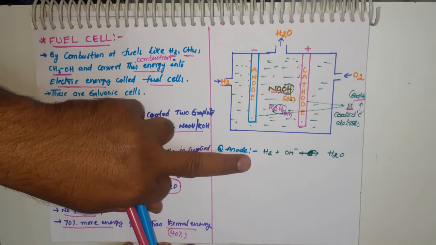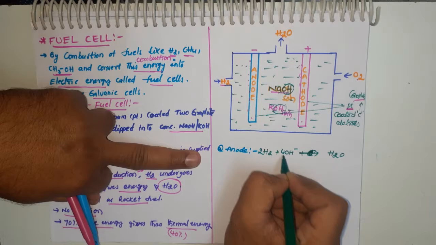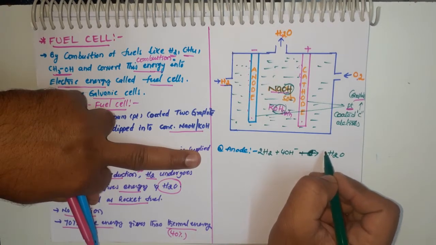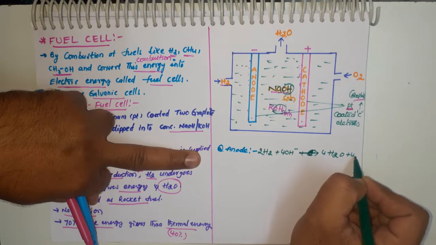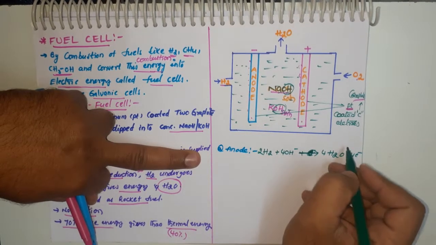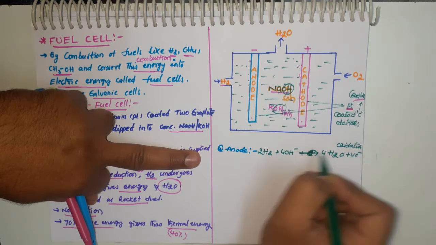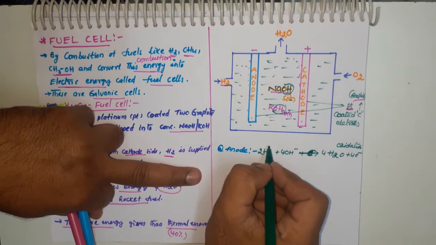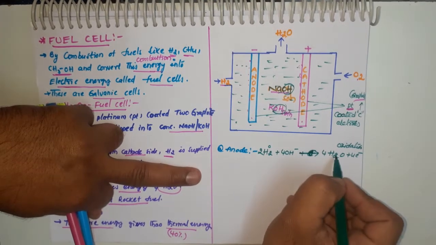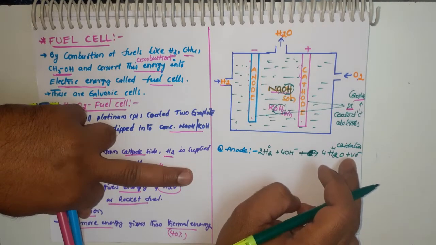When we balance the reaction, it is 2H2 plus 4OH minus gives 4H2O plus 4 electrons. What is this reaction? Oxidation, because H2 converts into H2O. This is 0 oxidation state and here it is +1 oxidation state, and it gives electrons.